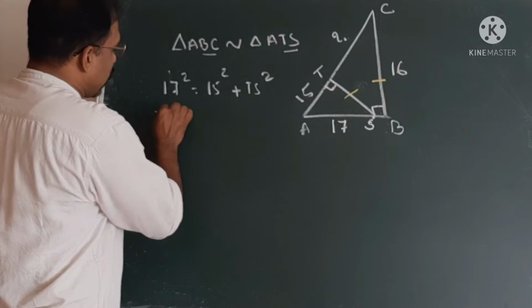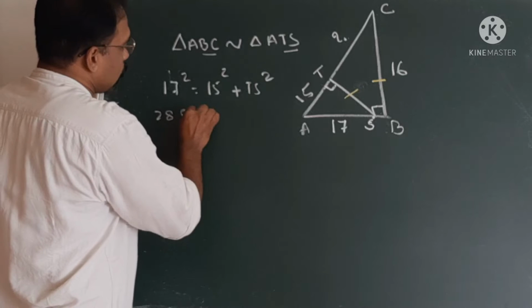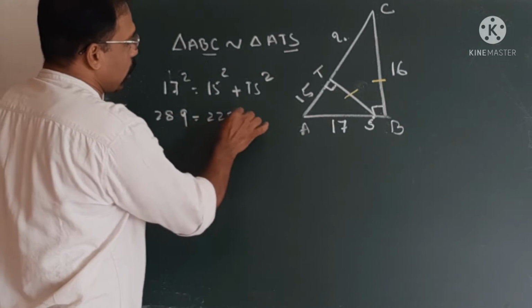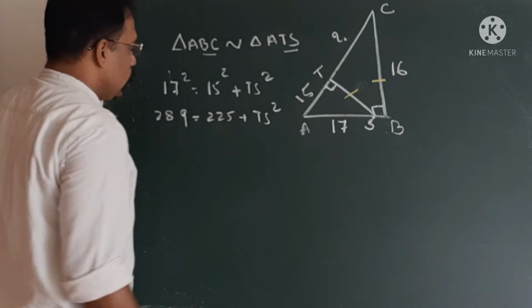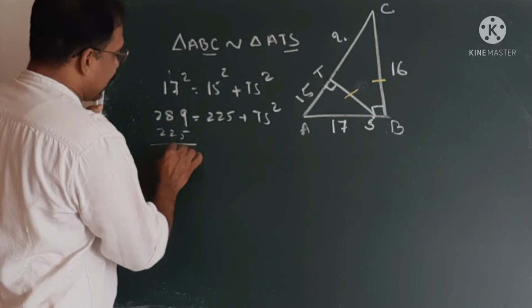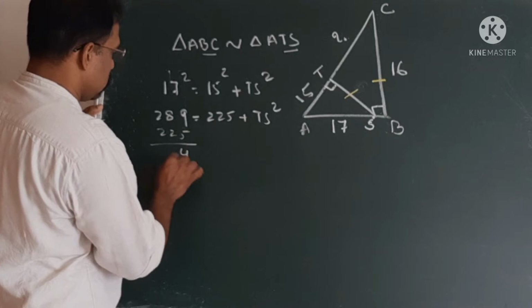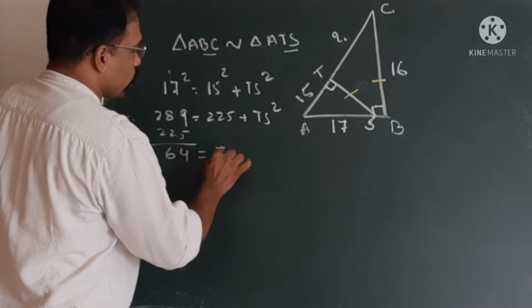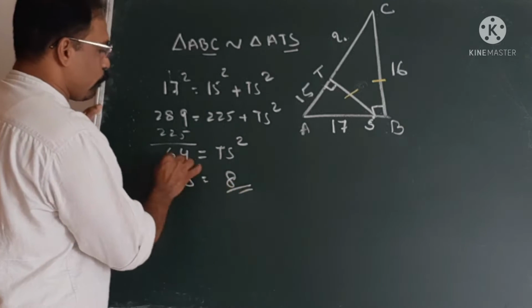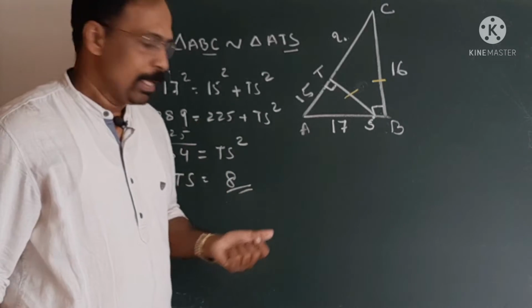So that is 289 is equal to 225. 17 into 17 is 289, 225 plus TS square. So when we subtract 225, we get 64. So 64 is equal to TS square. TS is equal to 8. Square root of 64 is 8.